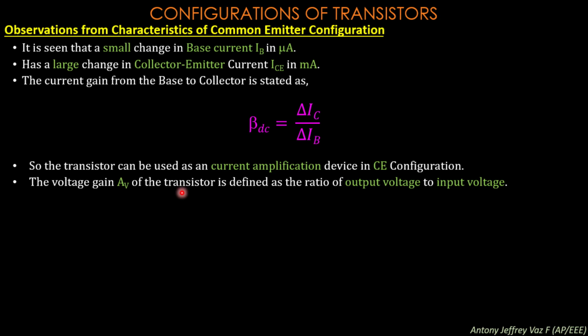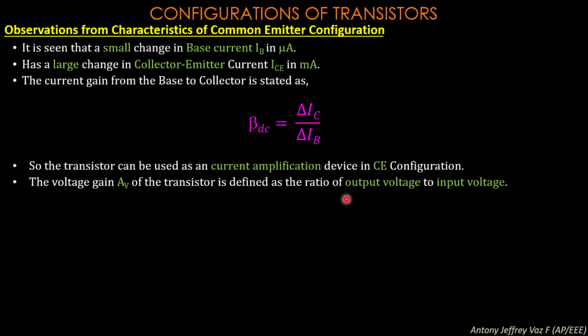This is the current gain, whereas the voltage gain AV of the transistor is defined as the ratio of output voltage to input voltage. So the voltage gain AV is output voltage divided by input voltage.